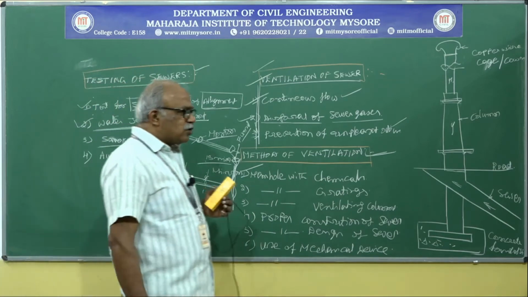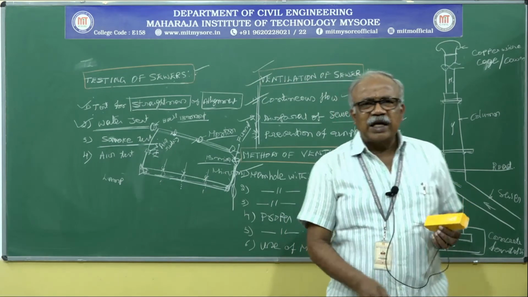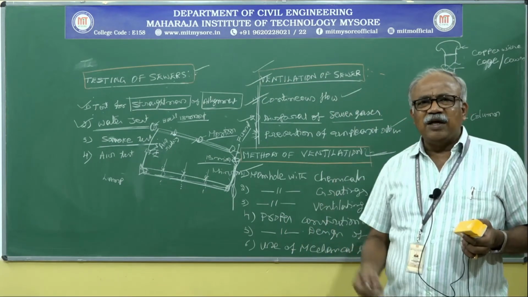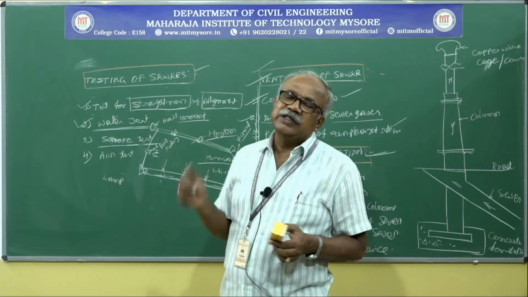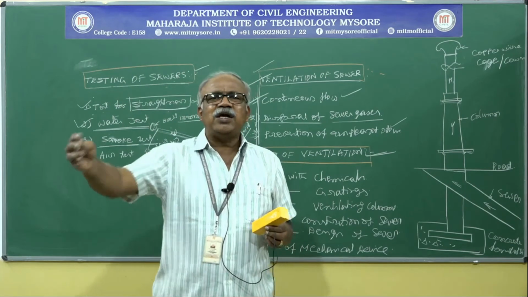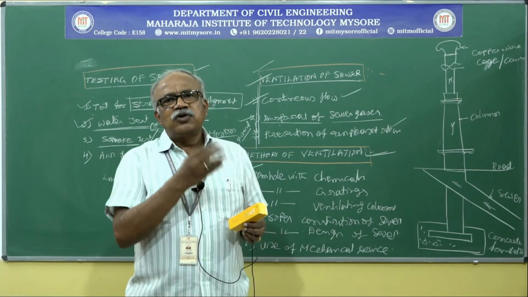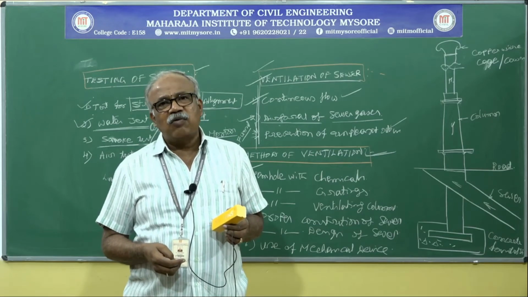All of you know where and when we construct a manhole along the sewer lines. As per the standards, in straight sewer lines we have to construct a manhole at equal intervals.